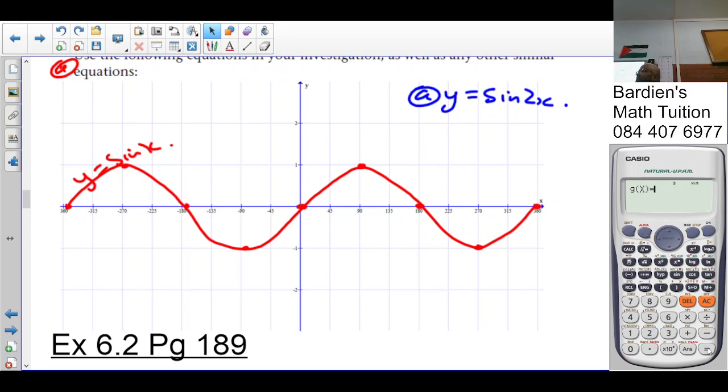We don't have another graph that we're interested in. We're going to start at negative 360 to 360. You're going to go with steps of 45. So 360 gives you 0, not so? The negative 315 is negative 1. 270 is 0. And so on. You all got that, no?